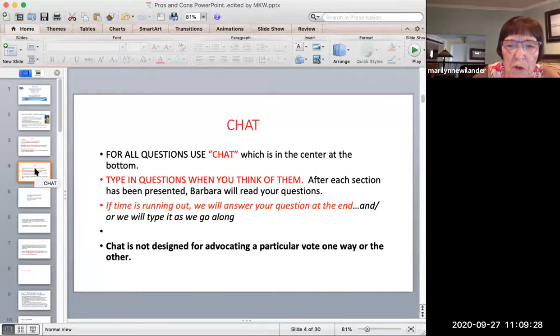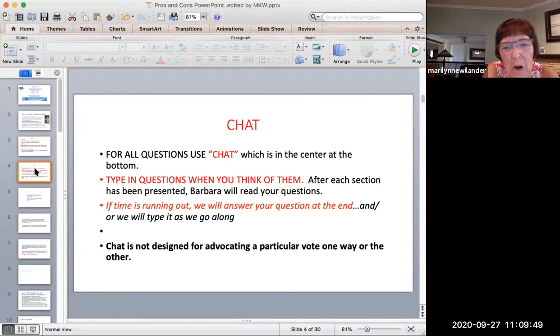For all questions, we're going to ask you to use the chat center, which is in the center at the bottom. Type in questions when you think of them. We've got 12 different propositions and Measure J with the County of Los Angeles. We're going to do each one, and there's a time frame for each one.